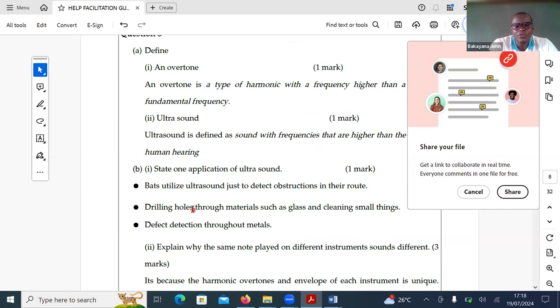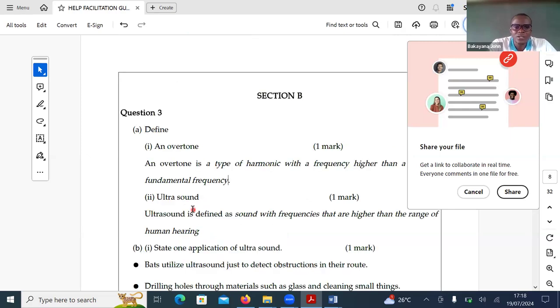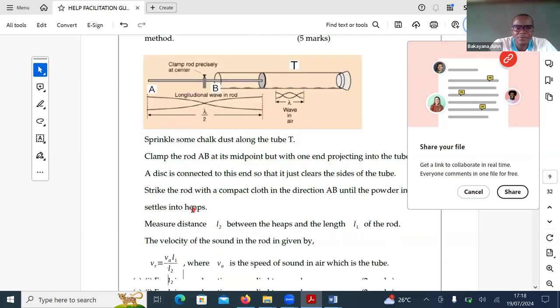Okay, allow me to go through section. This is section C and section D. We shall come back to waves. And section C, that is magnetism and AC circuits. Then section D is current electricity and electrostatics. So in section C, what should I go through? We have magnetism and AC circuits.